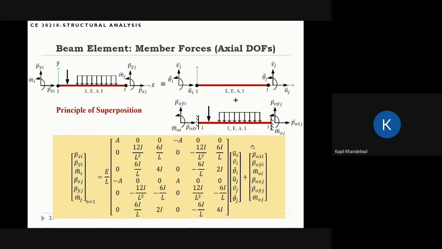And in this case, I am also including the axial component of the fixed end forces, so they might be non-zero. For example, if there is axial traction acting on the beam member, you should consider this 6x1 vector. This is how we calculate the beam element member forces if the axial effects are present. So it depends on whether there are axial effects or not.